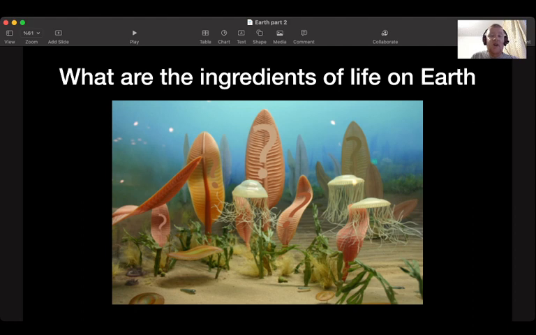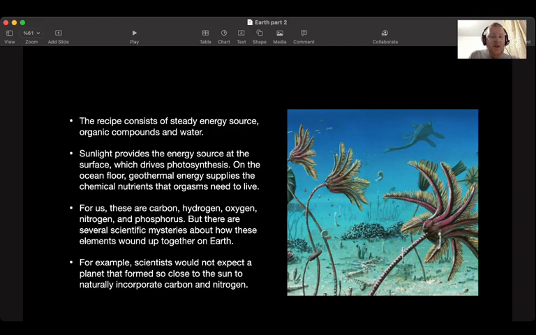So what are the ingredients of life on Earth? What's the ingredient of plants or animals or us? What is the ingredients to make us? So the recipe consists of a steady energy source, organic compounds, and water.